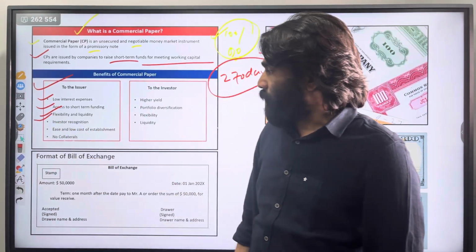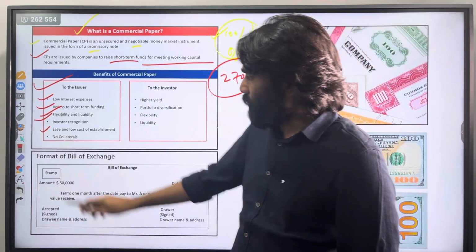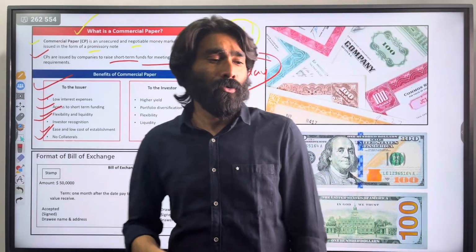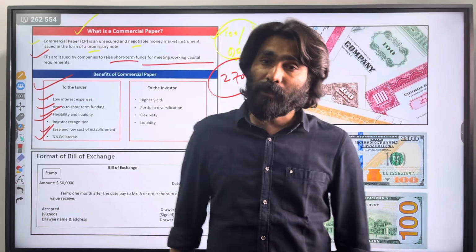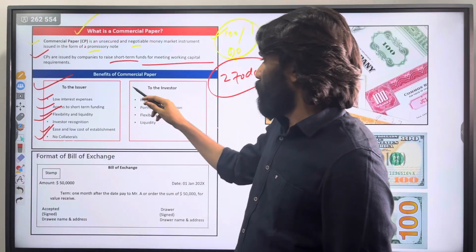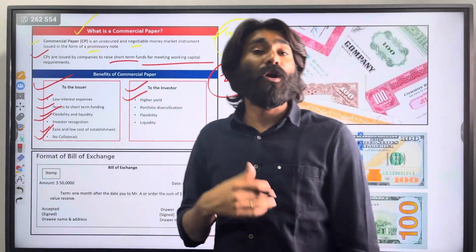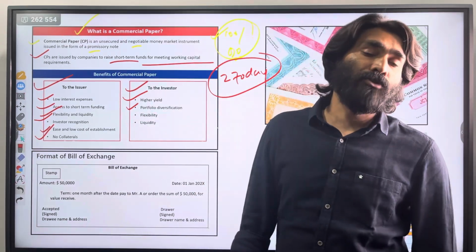All right, here the issuer recognizes ease and low cost of establishment, and no collateral. No collateral would be here basically, which means you can even lose 100% of your money from an investing perspective. From an investor perspective, highly liquid commercial papers will offer you higher interest payments than a portfolio.